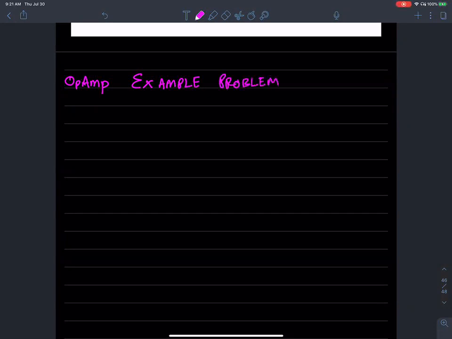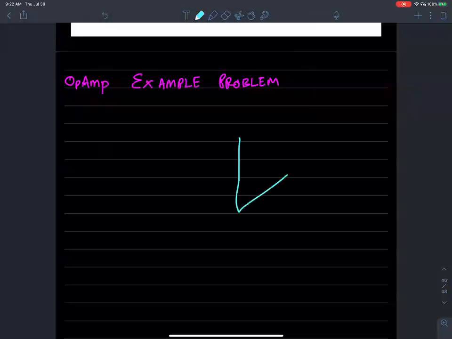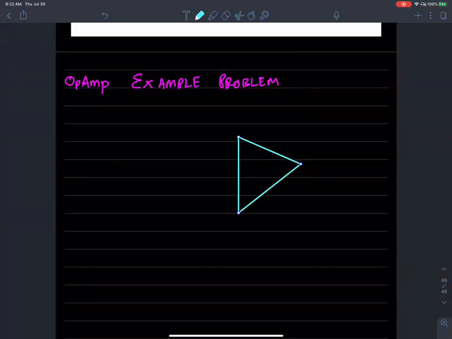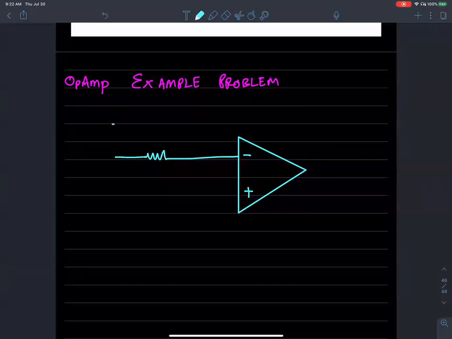I'm going to add an operational amplifier that looks like so. Here is my OpAmp with a negative terminal and a positive terminal. Let's see if I can do this. And then there is this guy.